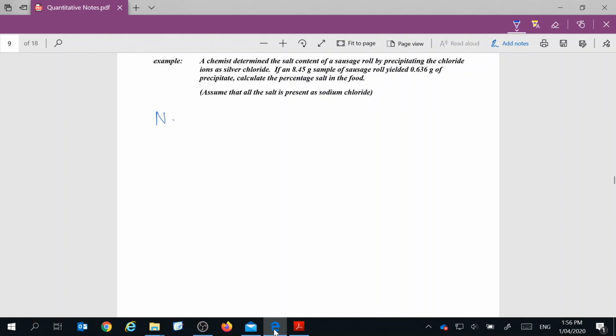So we've got salt, sodium chloride, and we are adding silver ions effectively, so that we can precipitate out silver chloride, and that leaves us with sodium ions. The sodium chloride is the original salt, and the silver chloride is the precipitate that we get, 0.636 grams.